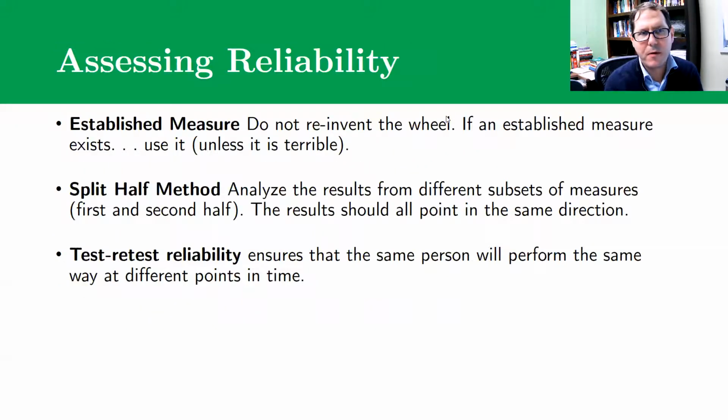So when we're thinking about reliability, there's a couple of strategies that we can use to maybe get greater confidence in the measurements that we're using. One strategy is just to use an established measure. Don't reinvent the wheel. Assume that if other people have been using a measure, the problems with that measure have been scrutinized and are known, and you can find out.